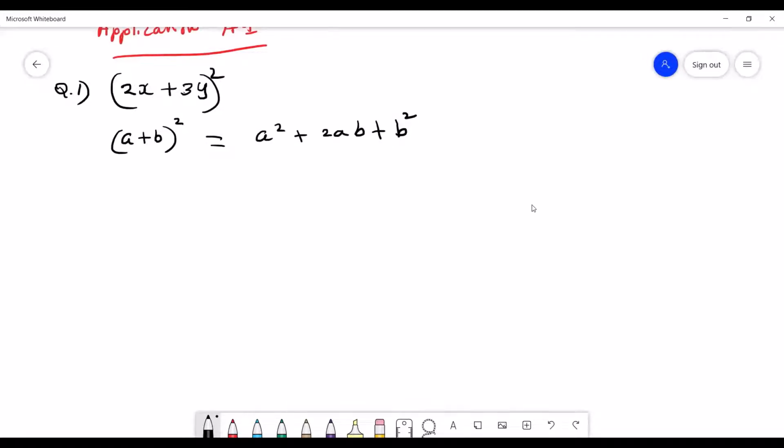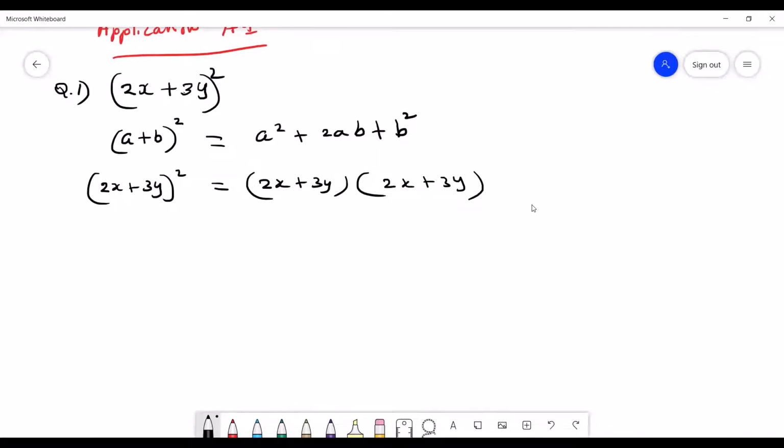We have done the multiplication of binomial expressions, so the same way I will do the multiplication of this expression. So (2x + 3y) whole square is equal to (2x + 3y) into (2x + 3y).